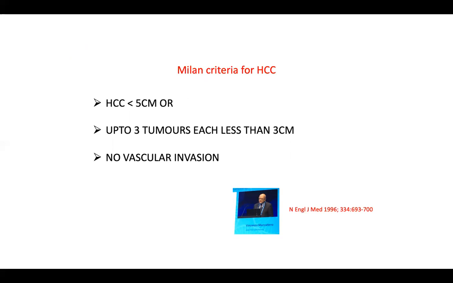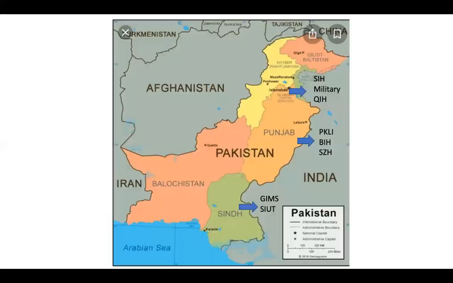Similarly, the Milan criteria is used to list patients with hepatocellular carcinoma, which means that if there is one tumor less than 5 centimeter, or up to 3 tumors, each less than 3 centimeter, with no vascular invasion, those are considered suitable patients for liver transplantation. There are several other criteria, but I think they are beyond the scope of this talk today.